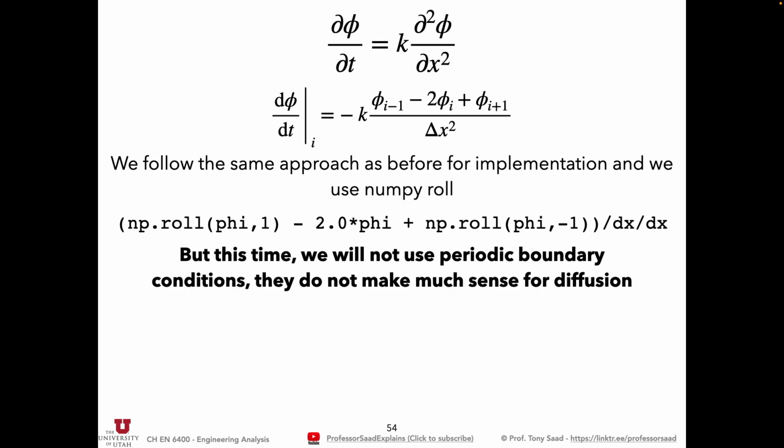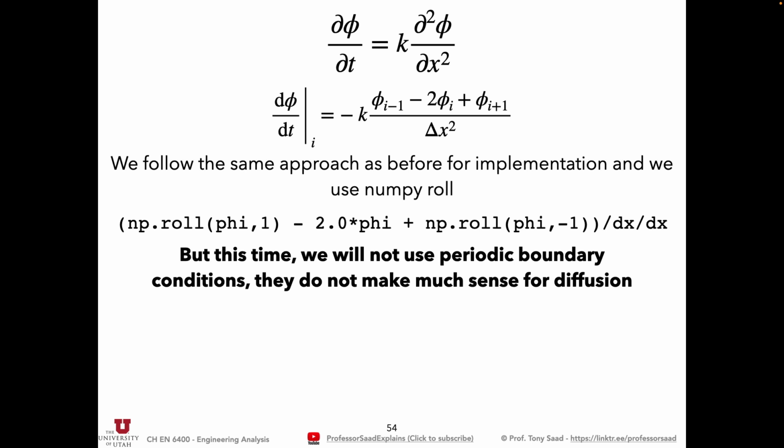Diffusion is sort of a stationary thing within the confines of your system, right? So you need to define the boundary on that system. We can do it with periodic, but it's not going to give you a lot of information because with diffusion, if your boundaries are fixed at zero, eventually everything is going to decay to those boundary values. So that's a great check that we will need to make.